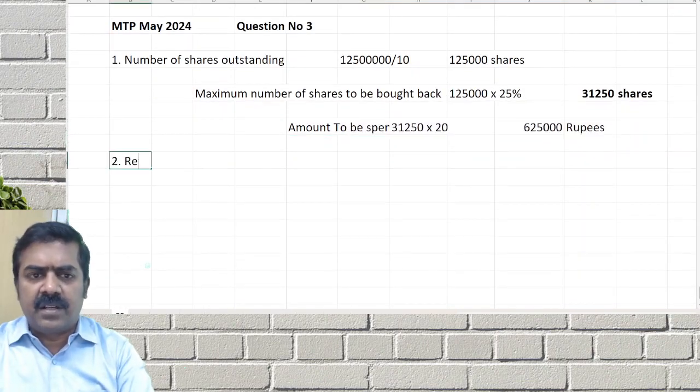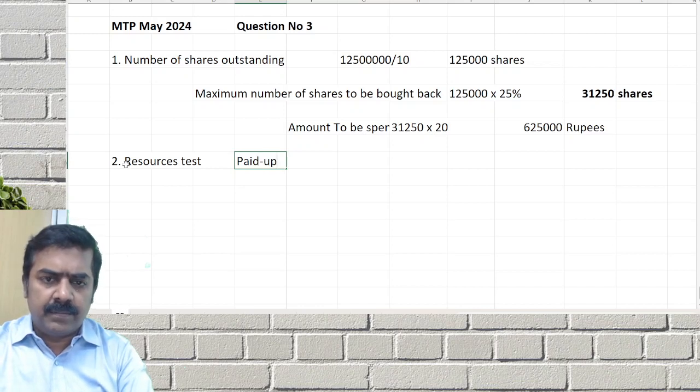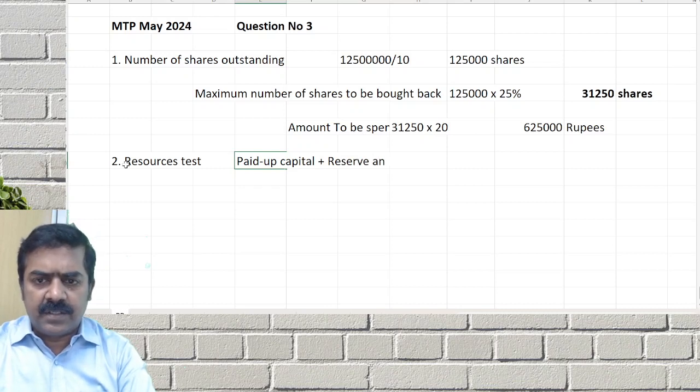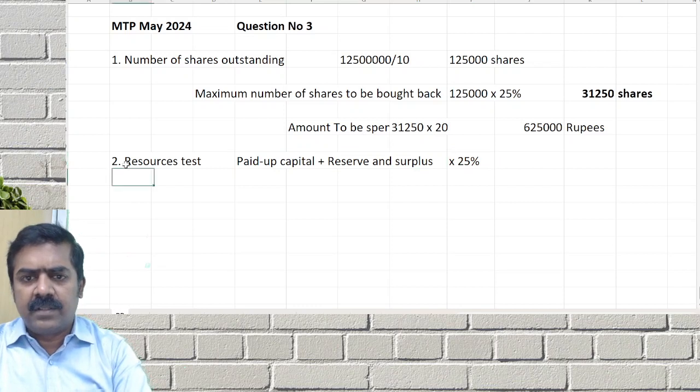Second question is based on the resources test. Resources test is nothing but take up the paid up capital plus reserves and surplus, multiplied by 25%.